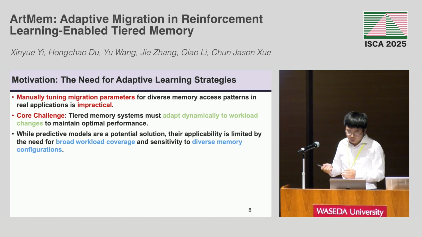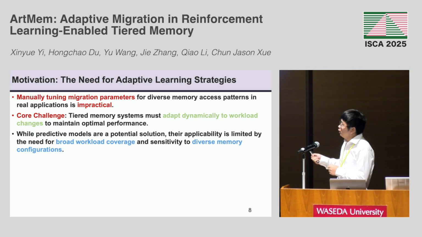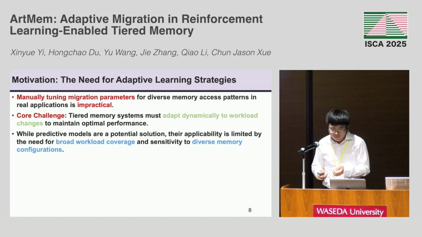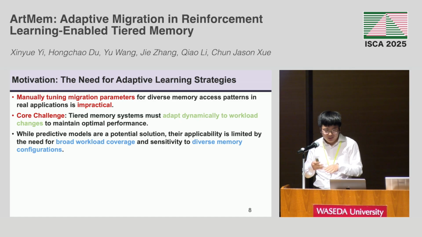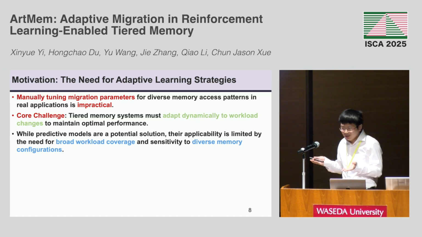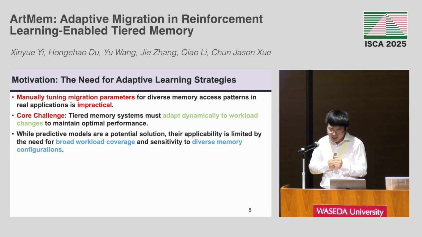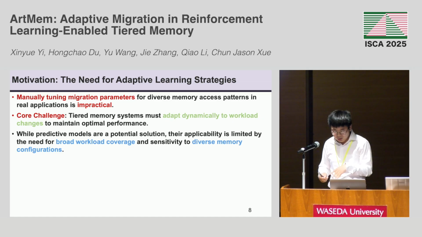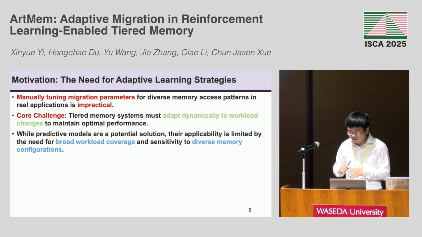This brings us to the core challenge. How do we automatically adapt these migration parameters to diverse and dynamic workloads? While predictive models trained on historical data might seem like a potential solution, they face significant limitations. They require broad training on all possible workload behaviors, and they must be trained for every possible hardware configuration.